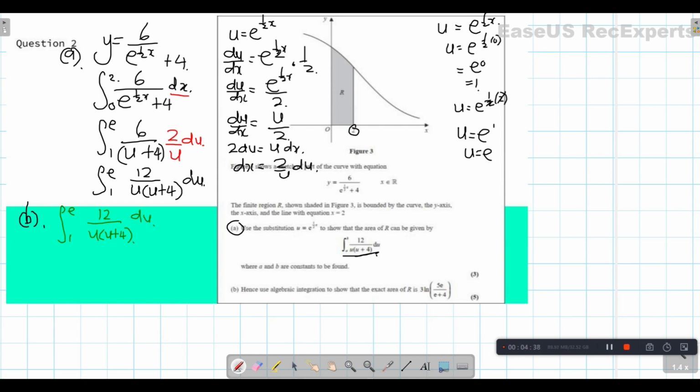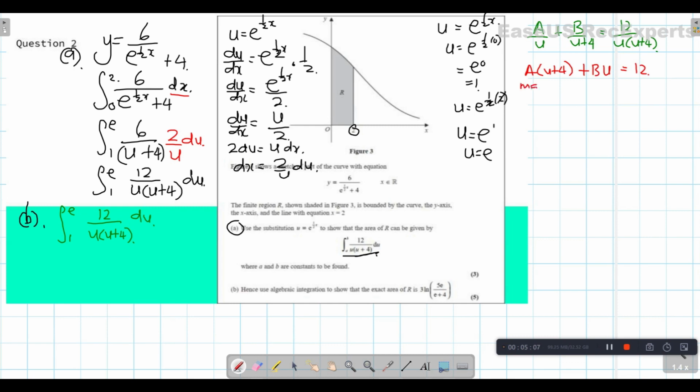Since you have two roots, u and u plus 4, I'm going to use a over u plus b over u plus 4, and this is equal to 12 over u plus 4. Now times a with u plus 4 and b with u, and this is equal to 12.